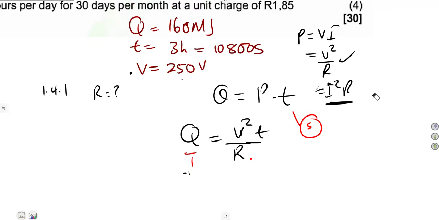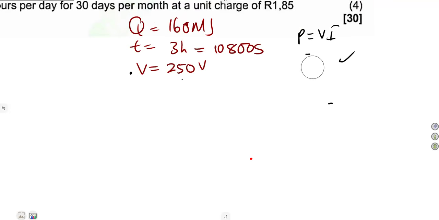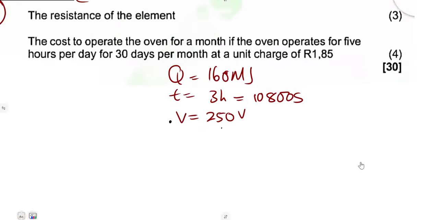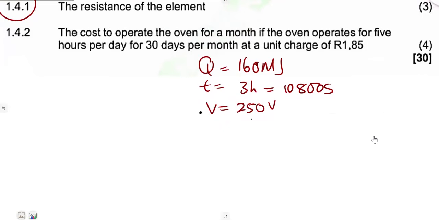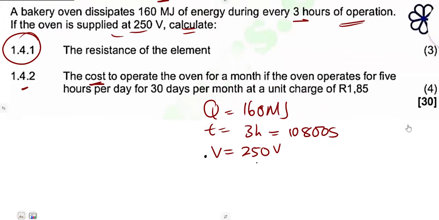Let us consider another part of our question, just to finish up. All right, then we are given 1.42 to calculate. Everything is under calculate here. The cost to operate the oven.